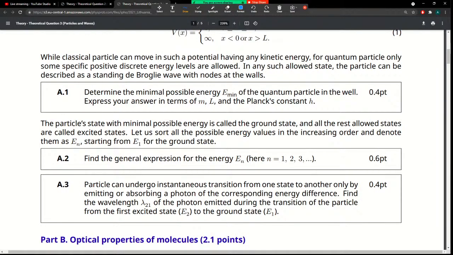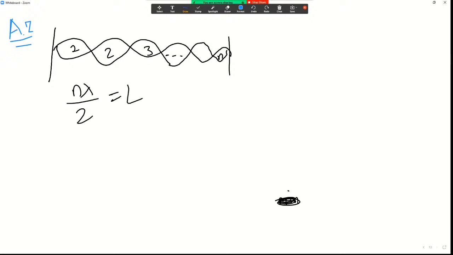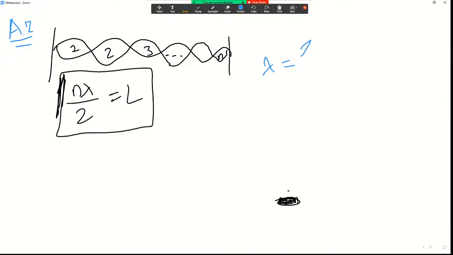Okay. So we have n loops here. So we can do the same thing that we did in part A1, but for this lambda. So lambda here is 2L over n.